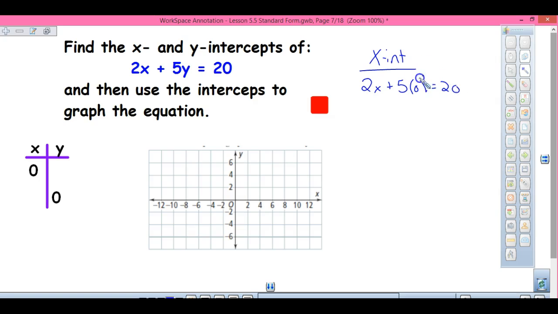It cancels out because it's 0. So 2x equals 20, x equals 10. So that is the point 10, 0. And you could plug it in over here too, because you put 0 in for y, you got 10 out for your x.